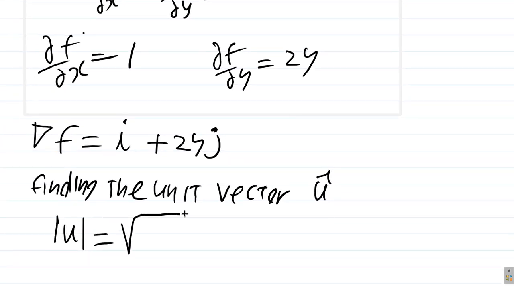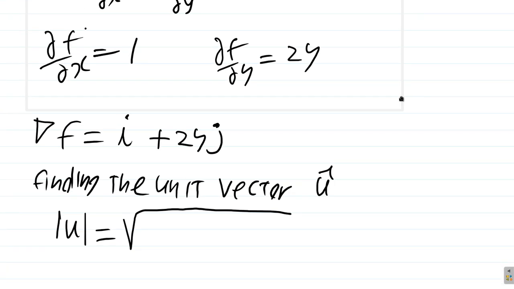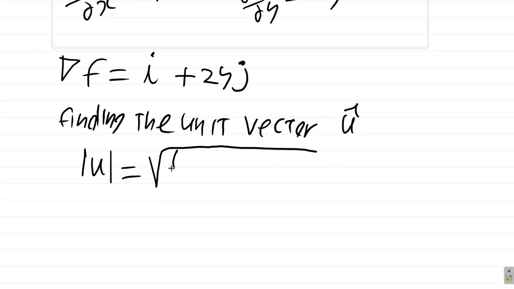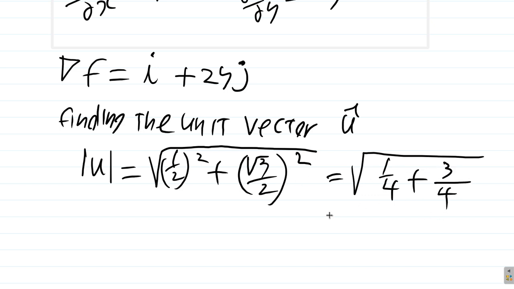So the magnitude of u is the square root of (half squared plus square root of 3 over 2 squared). Half squared is a quarter. Square root of 3 squared is 3, over 2 squared is 4, so it's a quarter plus 3 quarters, which is 4 quarters.